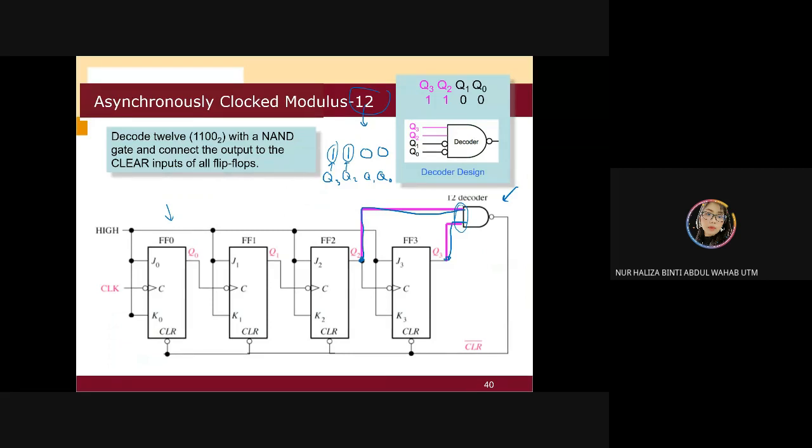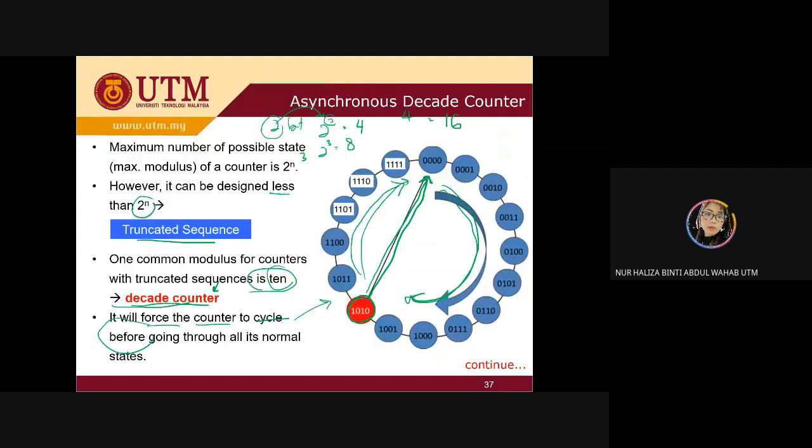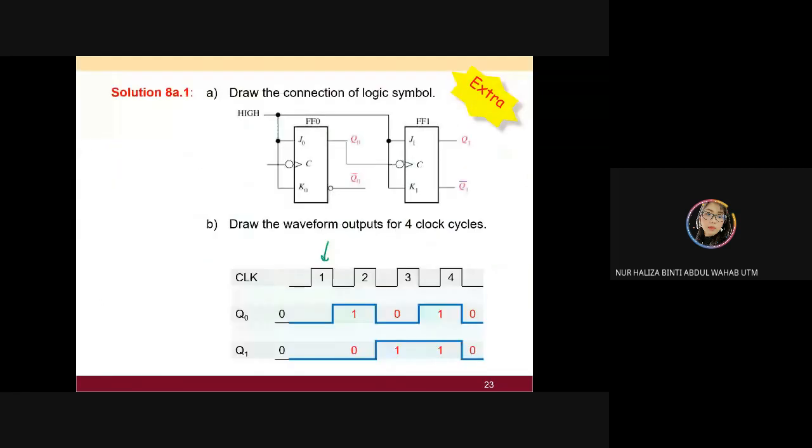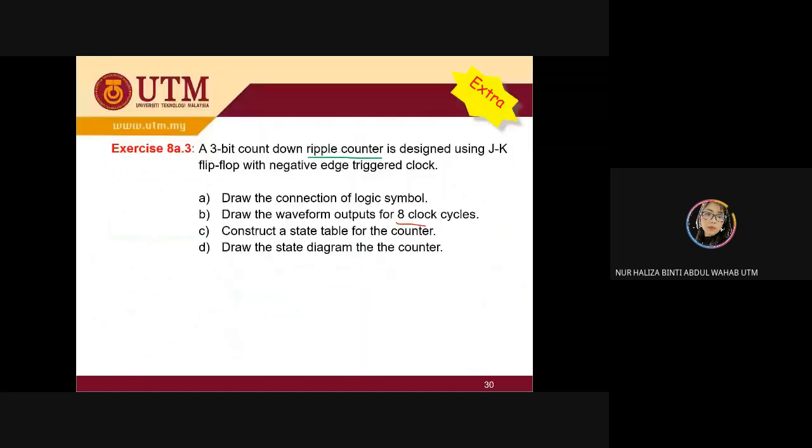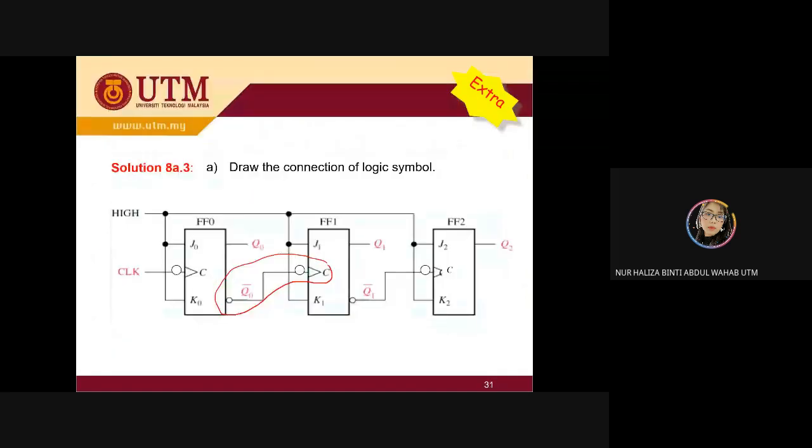If you have something like, okay, let's go for our ripple counter here. Maybe this is my asynchronous counter. I need to convert it to a decade counter for modulus 7, let's say.